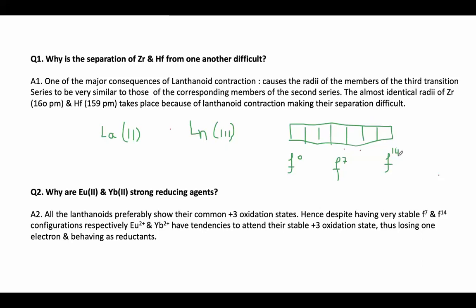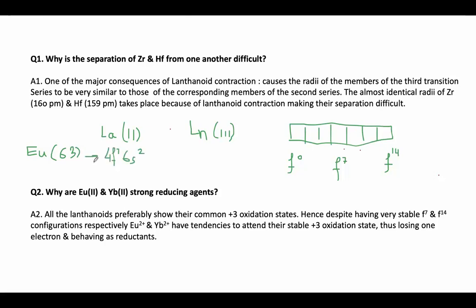Firstly, we shall talk about this question regarding Eu and Yb. Eu is europium. Europium has atomic number 63, and the electronic configuration of the europium atom in the atomic state is 4f7 6s2.